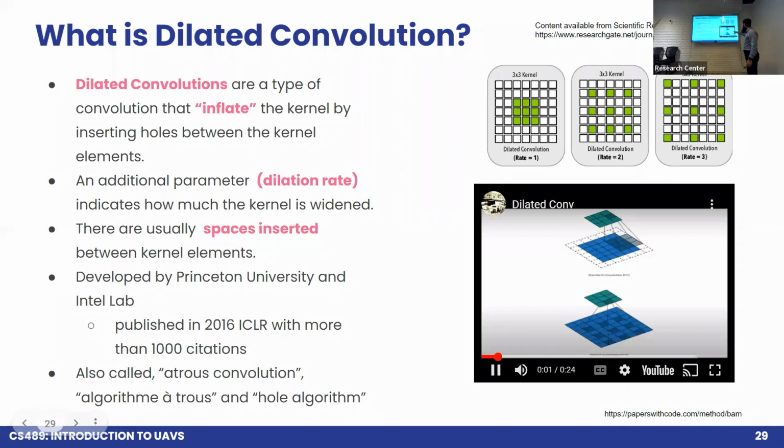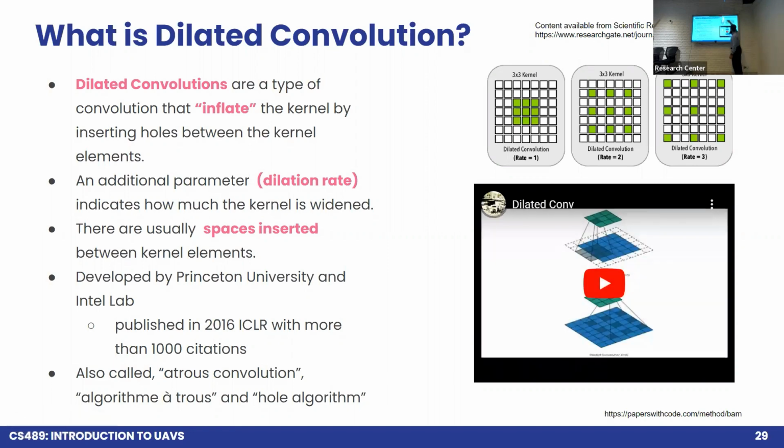Okay, so here you have the normal convolution that you already know. This is dilated convolution. We will make a dilation between the pixels. So this is normal convolution when the rate is equal to 1. You're going to apply the kernel on the neighboring pixels. If you make a rate of 2, you're going to leave a pixel in between, so the convolution will be made on these pixels.